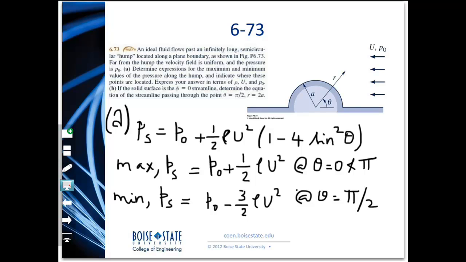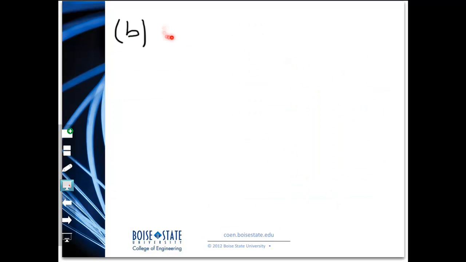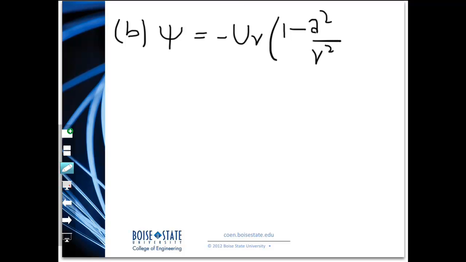So for a uniform flow, and remember, if this is our positive x direction, our flow is in this direction, so it will be in the negative x direction. So I have psi equals minus U r times 1 minus a square over r square, again you can find this on page 313, times sine theta. Okay, so now in this formula let's substitute theta equals pi over 2 and r equals 2a.